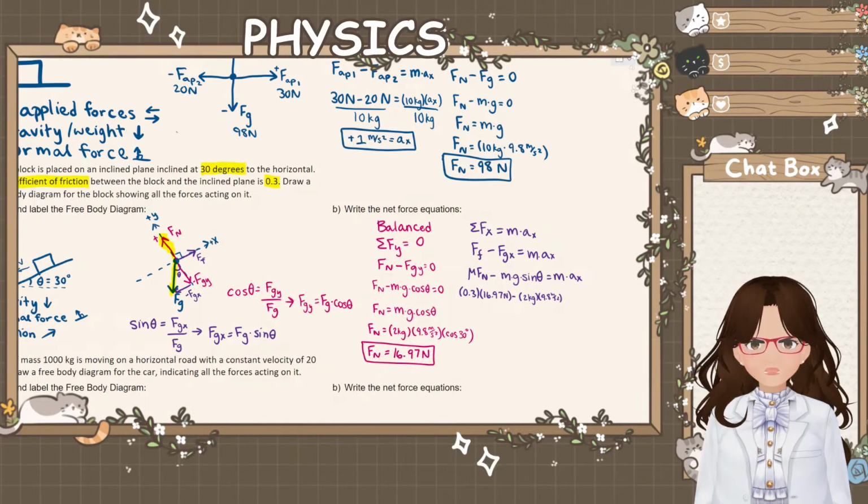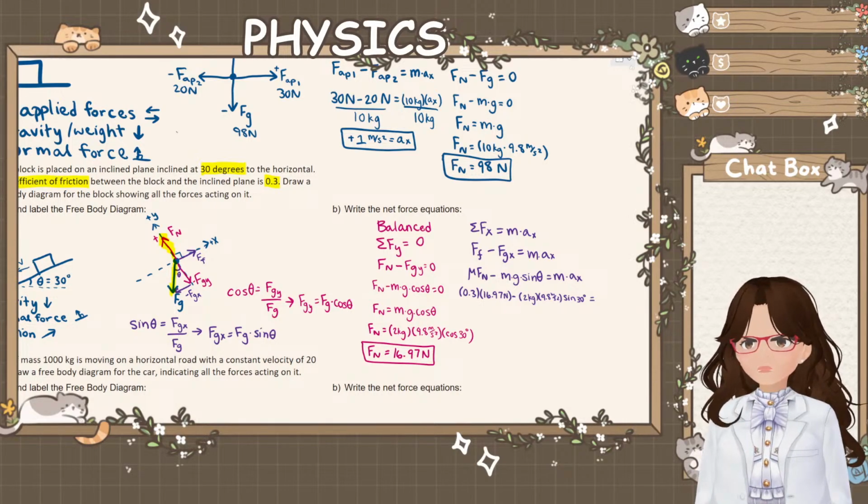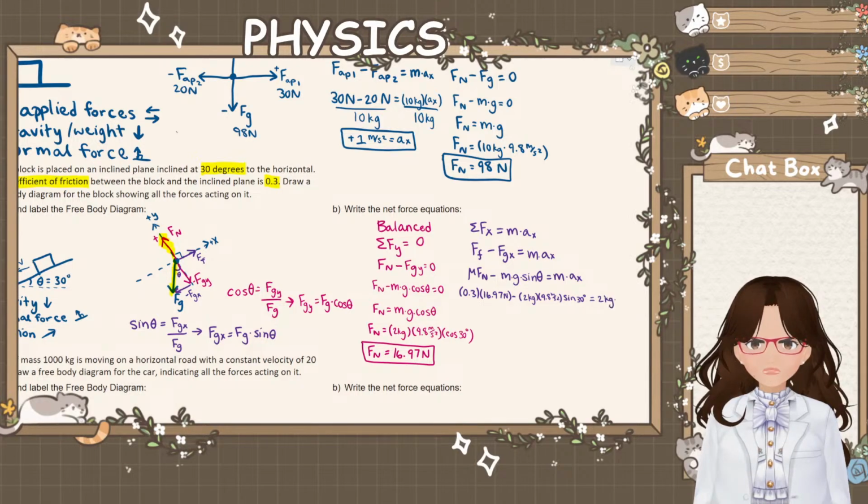Okay, times sine theta, which is going to be 30 degrees. Okay, and then we're going to set this equal to the mass, which we know is going to be 2 kilograms times AX.